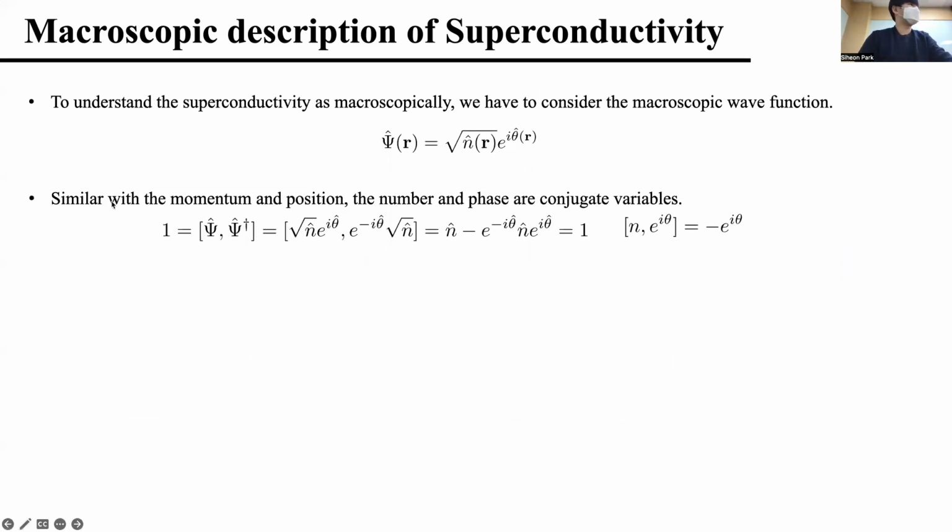Similar to momentum and position, x and p, the number and phase are conjugate variables. Simply, I will explain. This is psi and psi dagger. Quantum mechanically, the commutator is 1, by definition. With a simple calculation, we can write it like this, and this is just 1.